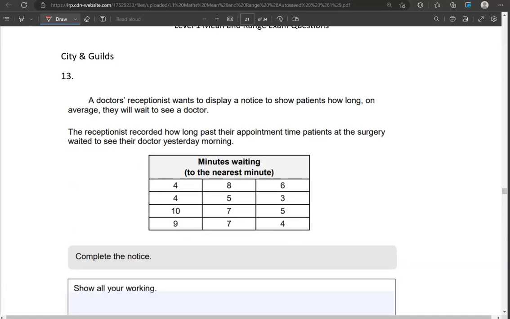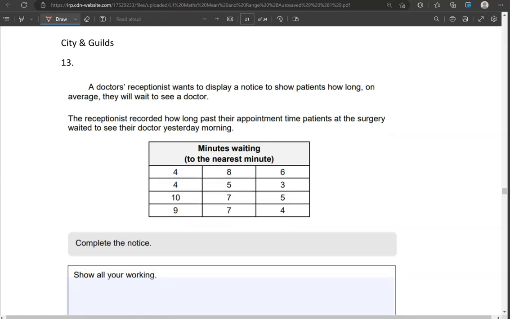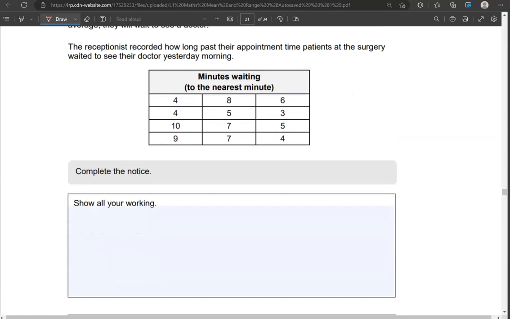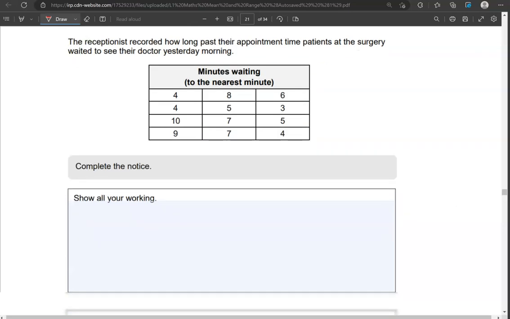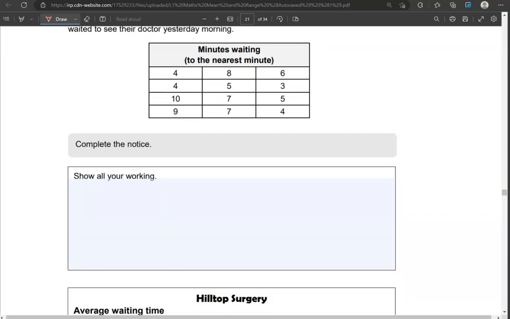A doctor's receptionist wants to display a notice to show patients how long, on average, they will wait to see a doctor. The receptionist recorded how long past their appointment time a patient in the survey waited to see their doctor yesterday morning. Complete the notice. Show all your working. So it's on average, so we're going to use the mean to work this out.